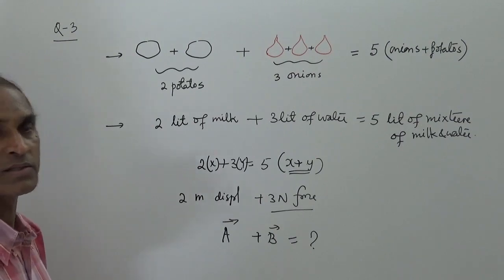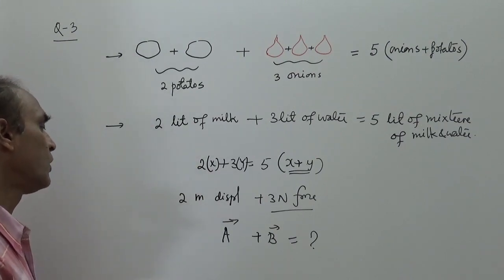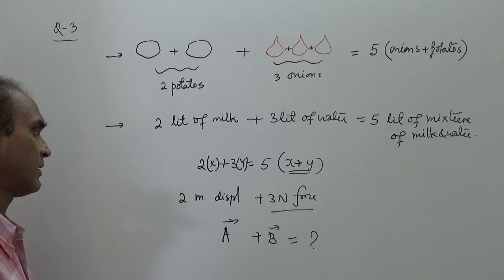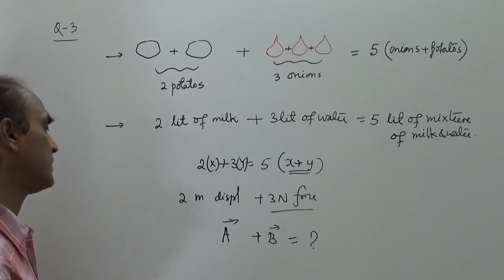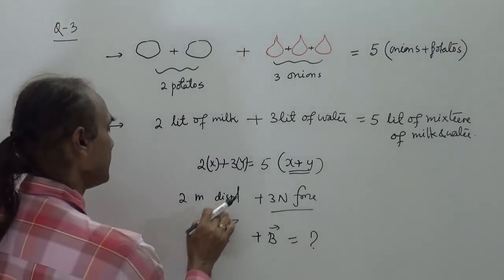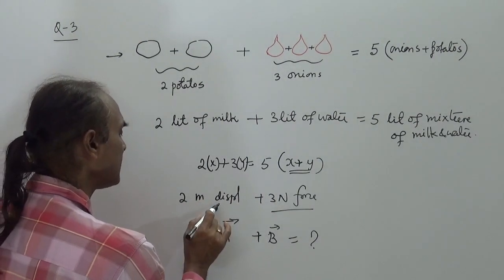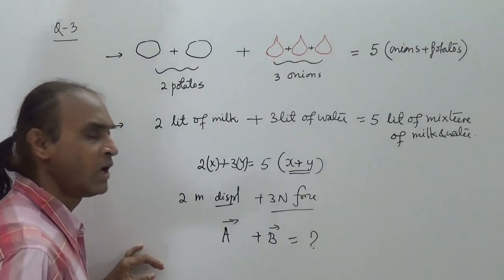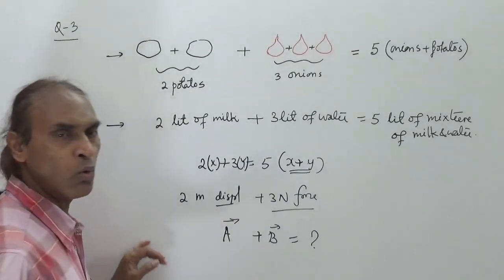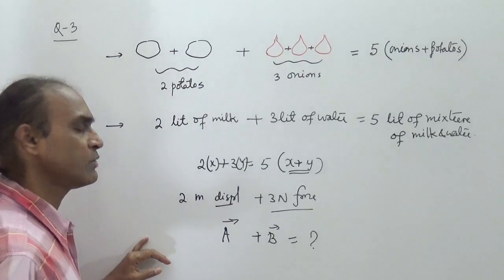And the straight answer is that you cannot add 2 vectors of different varieties. You cannot add the displacement with force, force with velocity, displacement with velocity. 2 different types of vectors you cannot add.